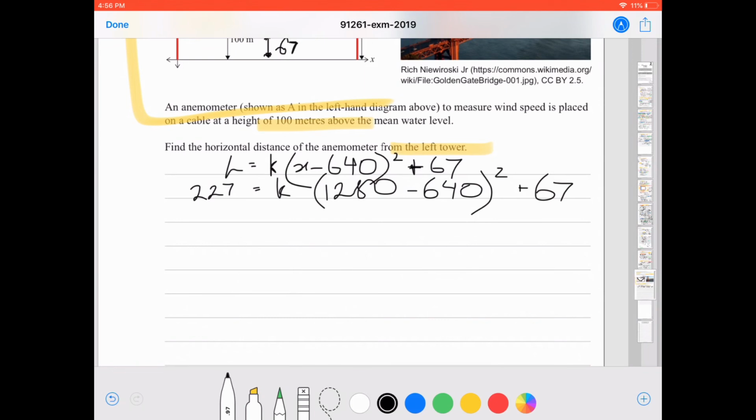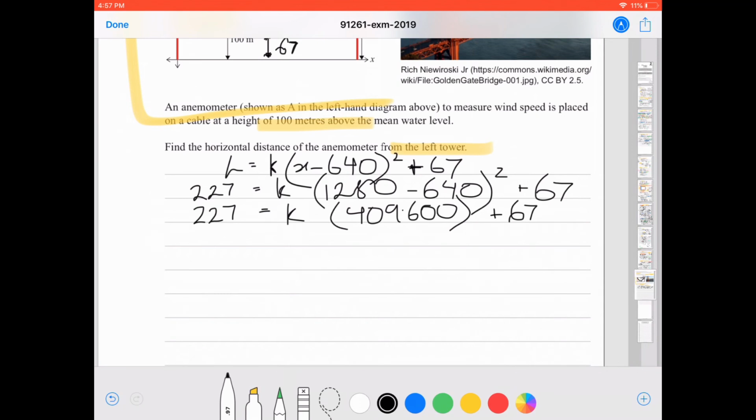Okay, what is 1280 minus 640? That equals 640. Let's square it. It's a nasty number, 409,600. So it's 227 equals k times 409,600 plus 67, and actually this is being multiplied, isn't it?